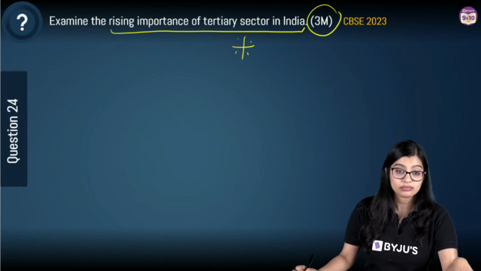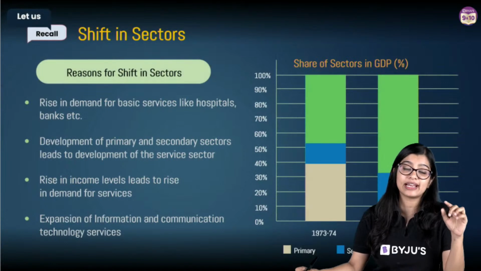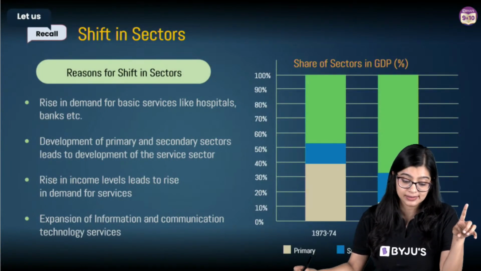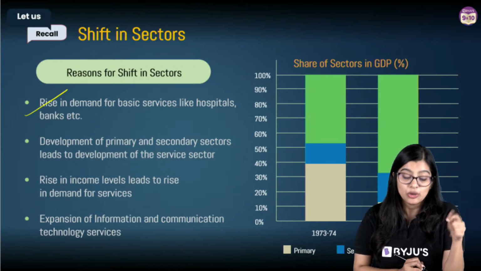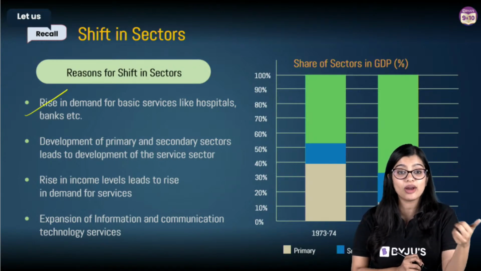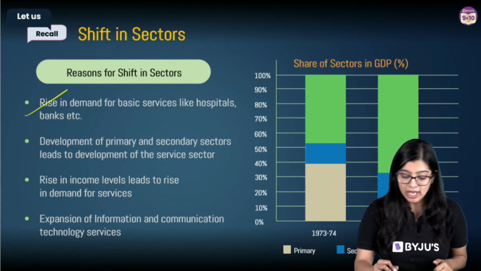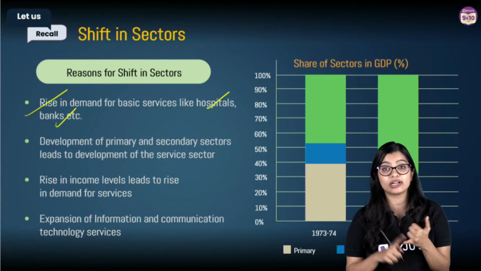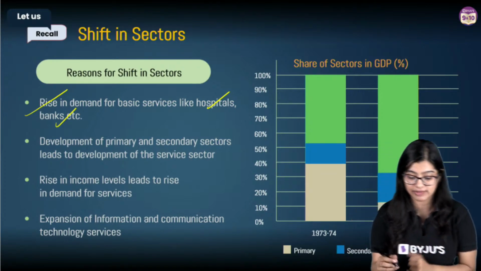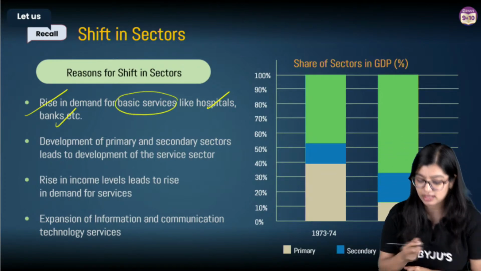If you remember in your textbook, I had made you star mark this. Over a period of time, why is there a shift in sectors? We know that there is more demand for basic services like hospitals and banks. Your keyword is basic services here.